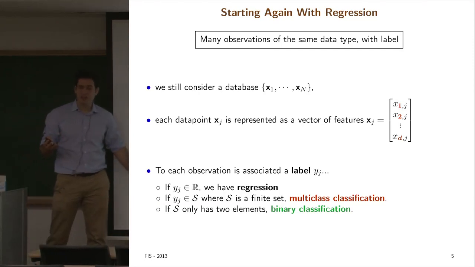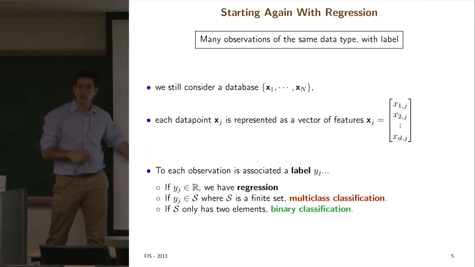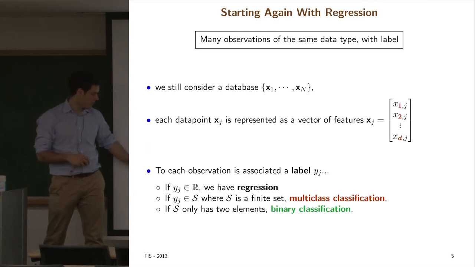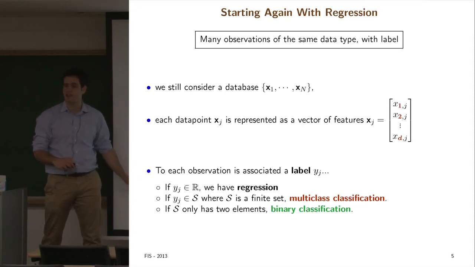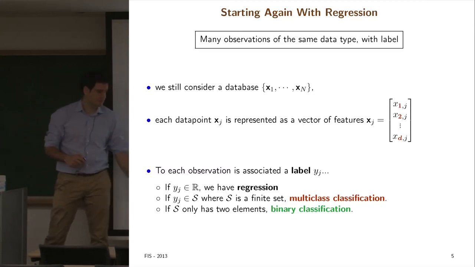Now, classification is concerned with the case where y is not a number anymore, but an element taken from a finite set. When the set is finite and has many elements, it's called a multi-class classification task. If it only has 2 elements, we call this binary classification.